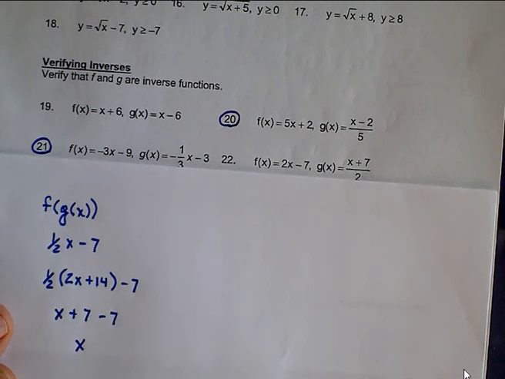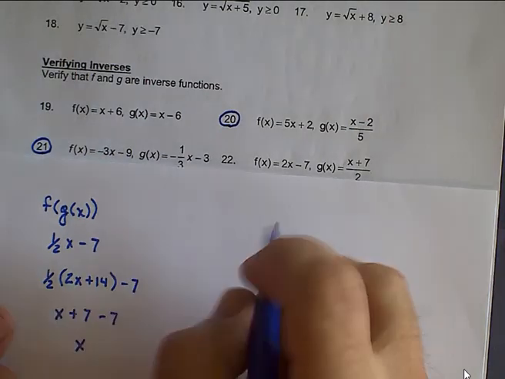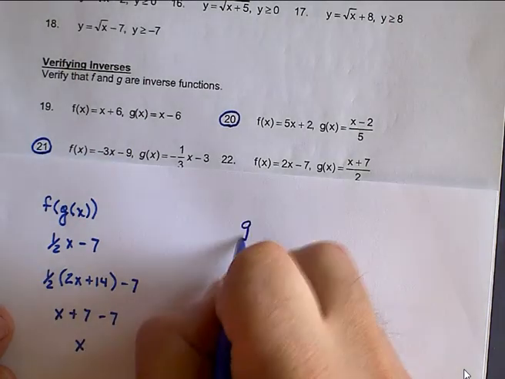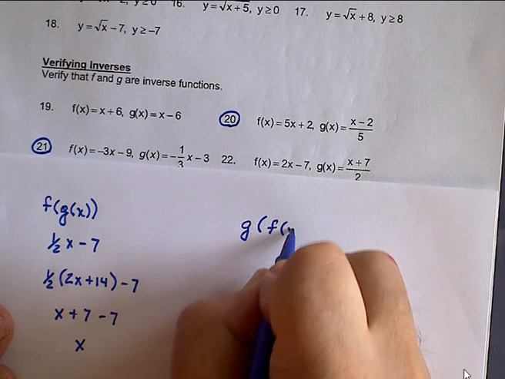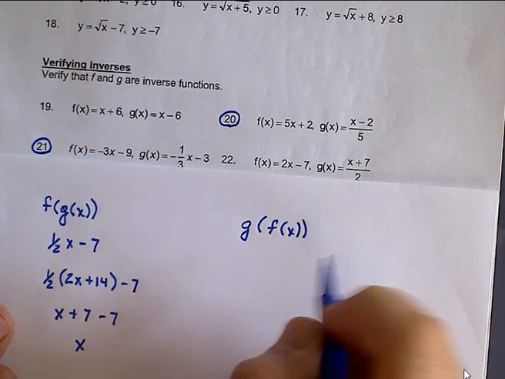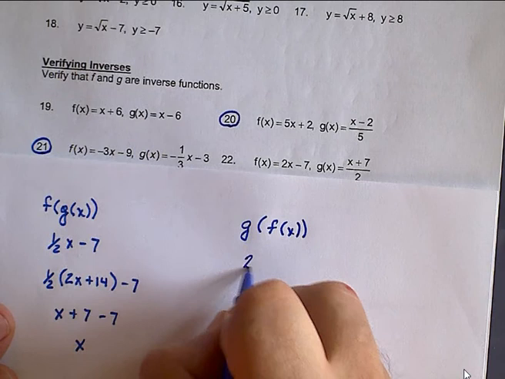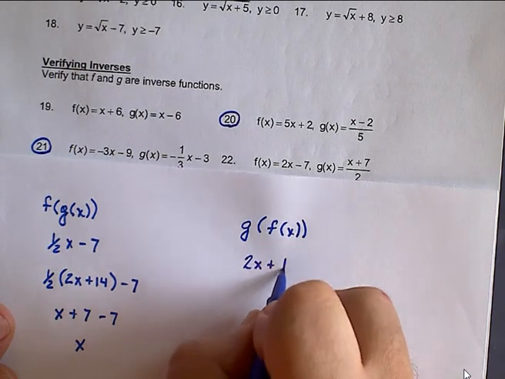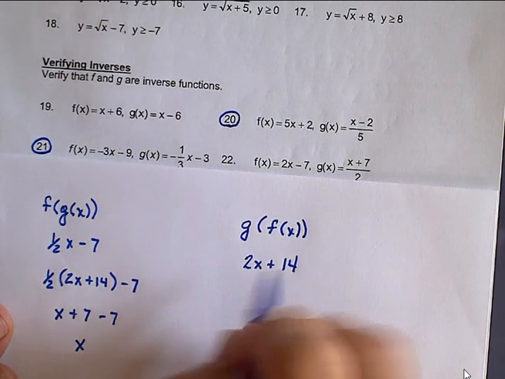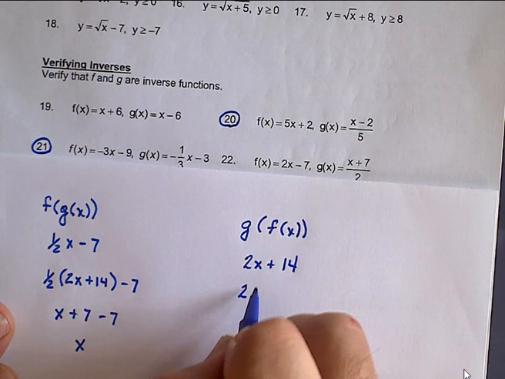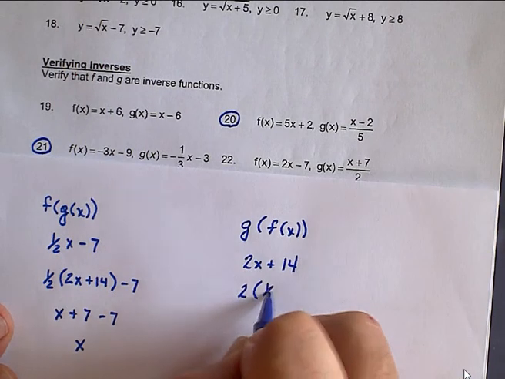So you get that. Now, you also have to do the other side. So g of f of x. This time I'm going to start with g, 2x plus 14. Instead of the x, I'm going to plug in f, 1/2 x minus 7.